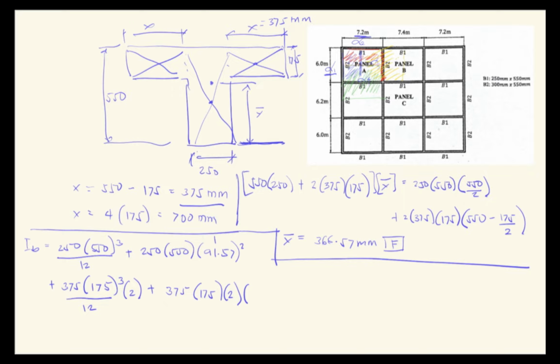By the way, we'll store this value 91.57 in memory E. So we'll have a distance of 550 minus y bar, minus half of 175. So this is 95.93 squared.